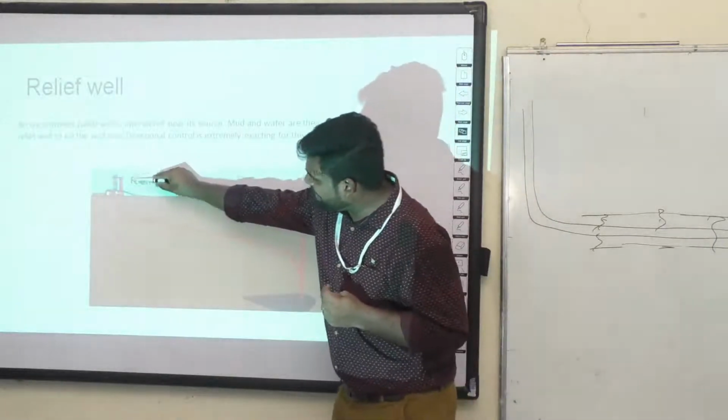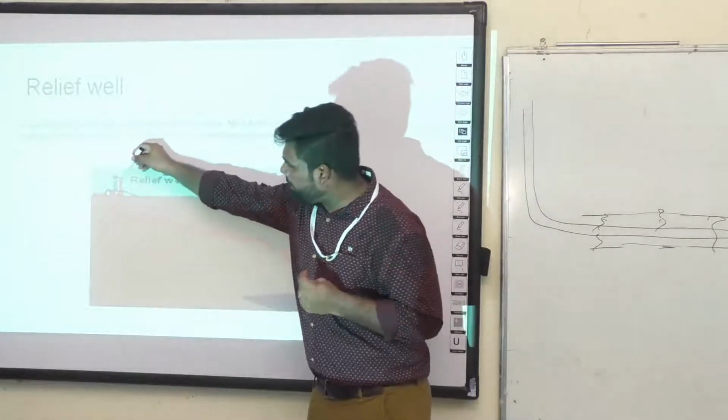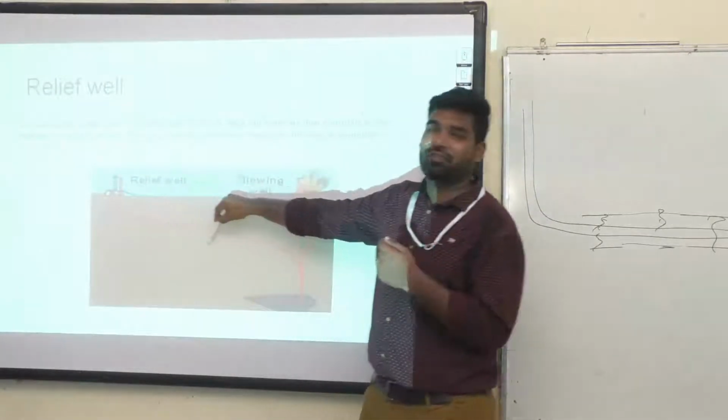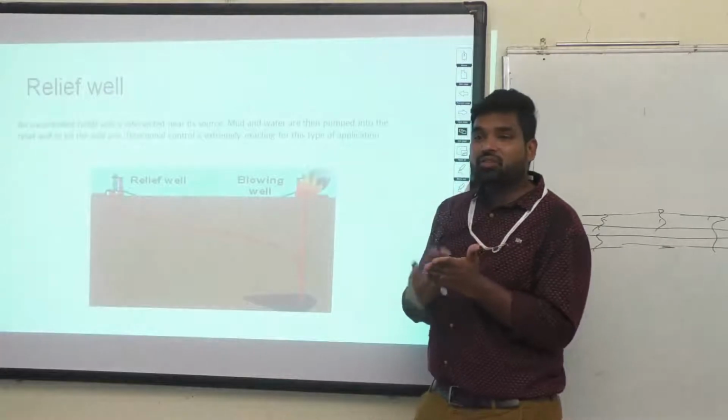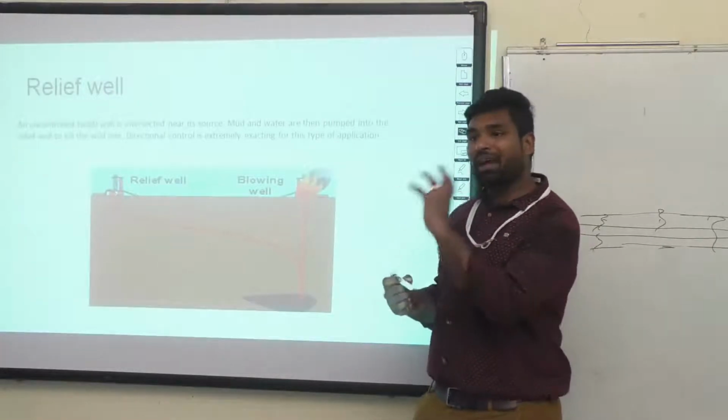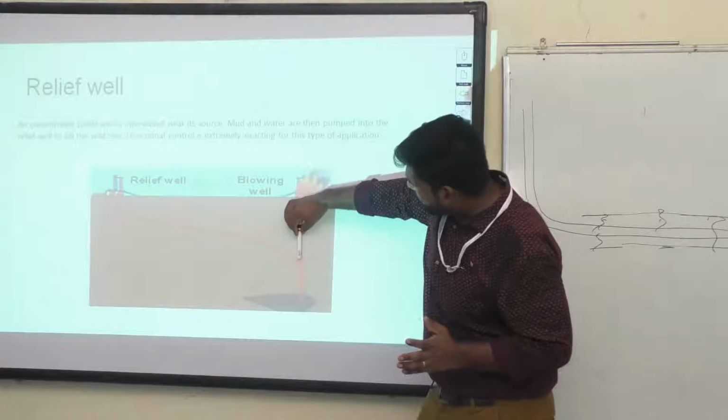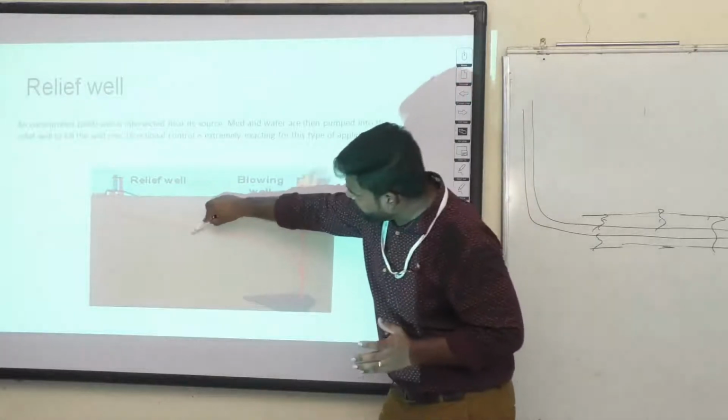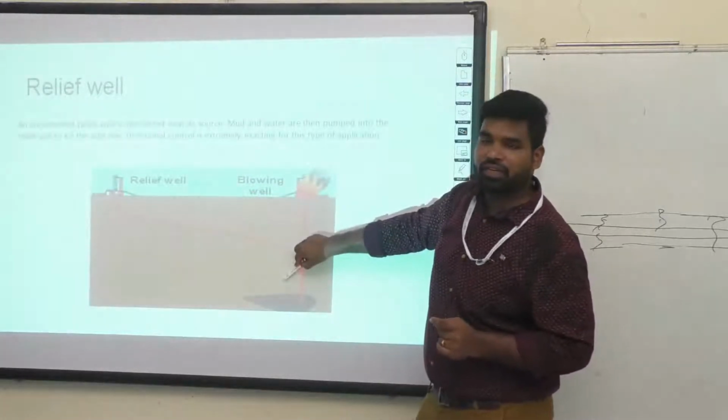So what I'm doing, I'm drilling a relief well. I'm going to pump drilling fluids from this relief well. So I'm getting a space to pump drilling fluids from another well. You already have drilling fluids here, plus you are going to send drilling fluids from this relief well.